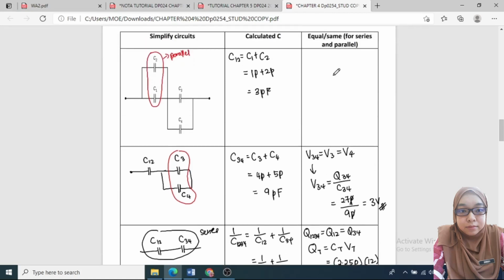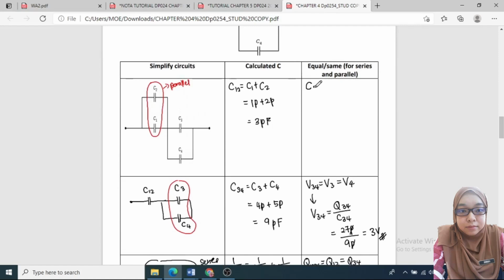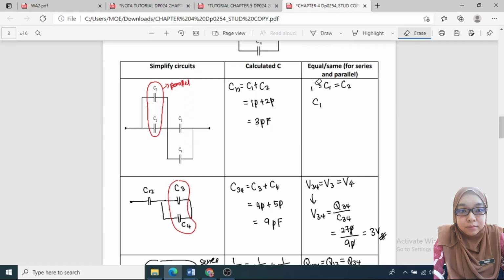And then the upper side, so we got C12, C1 equal to C2. So here it is V, not C. So V12 equal to V1 equal to V2. So we calculate V12 equal to Q12 per C12.